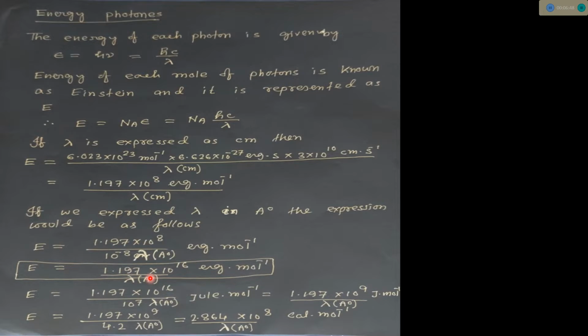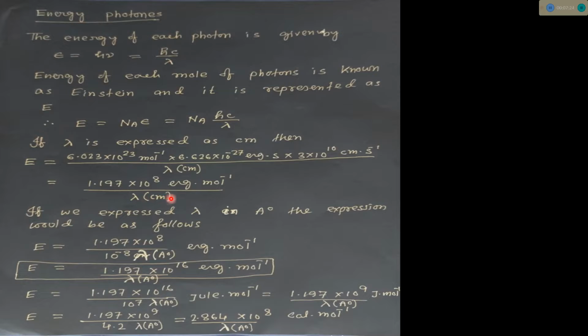So if the wavelength is given in angstrom, there is no need to transform it into centimeter in this expression. We can put lambda in angstrom here, but in the previous expression we cannot put lambda in angstrom unit.